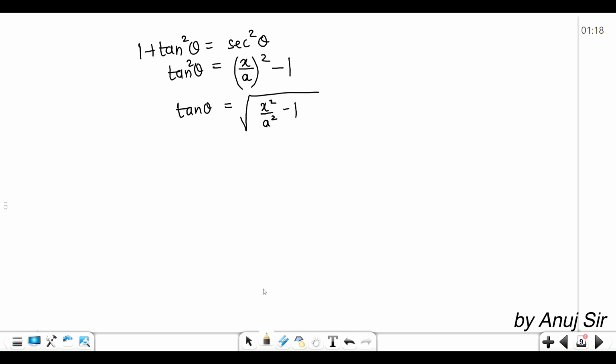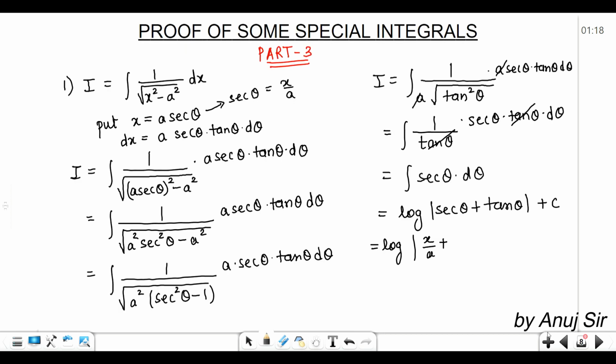This is how we can find the value of tan. If you do the LCM, you will get x square minus a square upon a square. So this will be the value of tan. We can substitute it over here, under root of x square minus a square upon a square, mod, plus c.